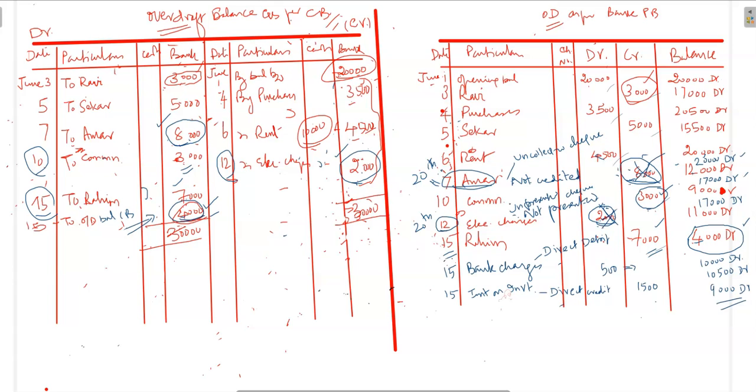That means OD as per passbook is 20,000, whereas in cash book you have taken this as a receipt, so OD as per cash book will be less, whereas OD as per passbook will be more. Here it is 20,000, and because of this it will show only 12,000. So OD as per cash book is less. It should not be less. To reconcile it, we have to add it.